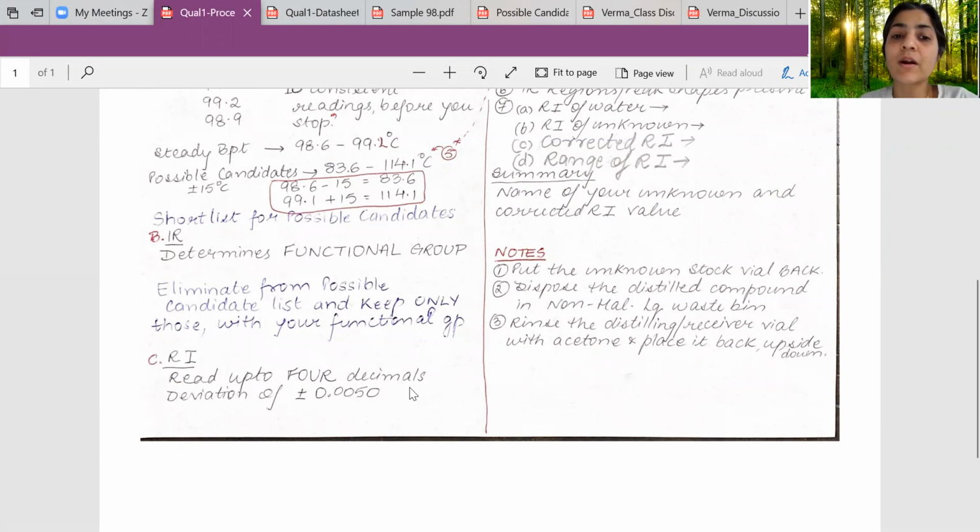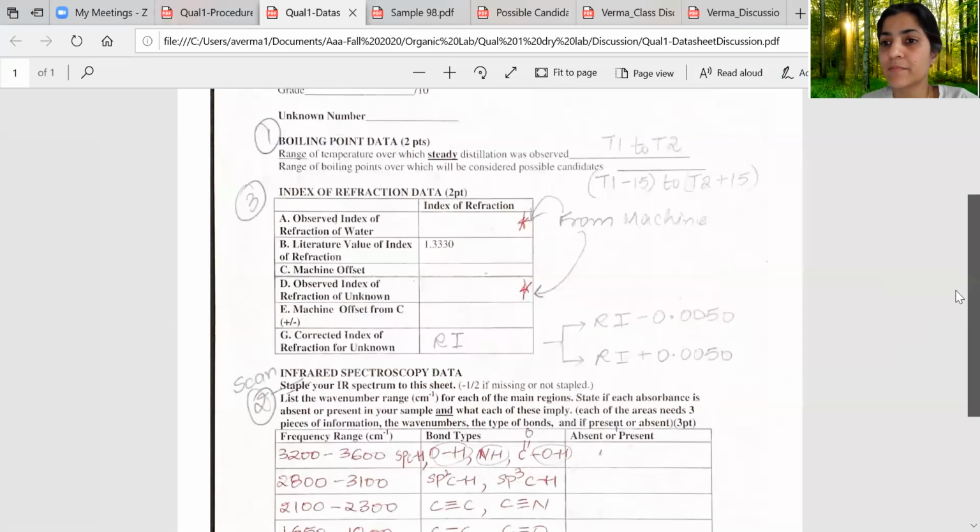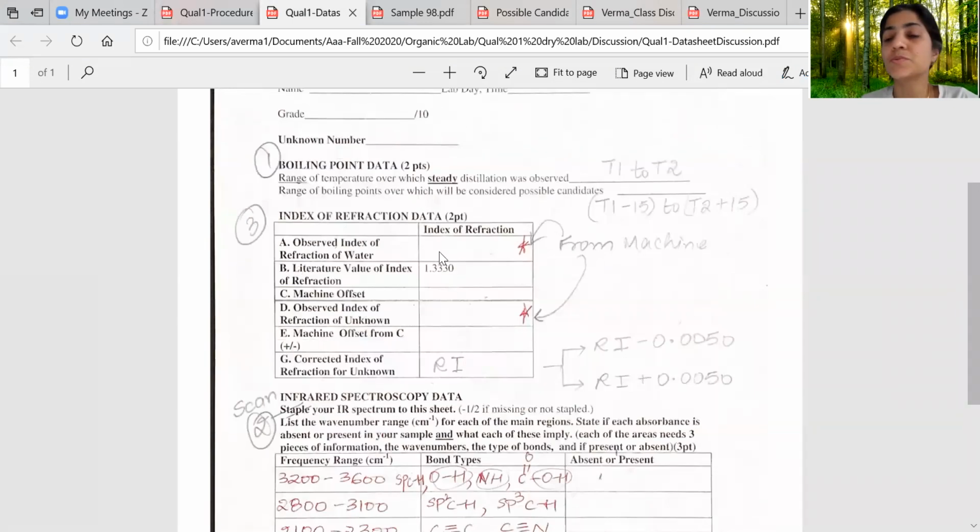Once you have figured your RI from your machine, always remember to take the RI of your water also. You need to do that in order to get the machine offset.